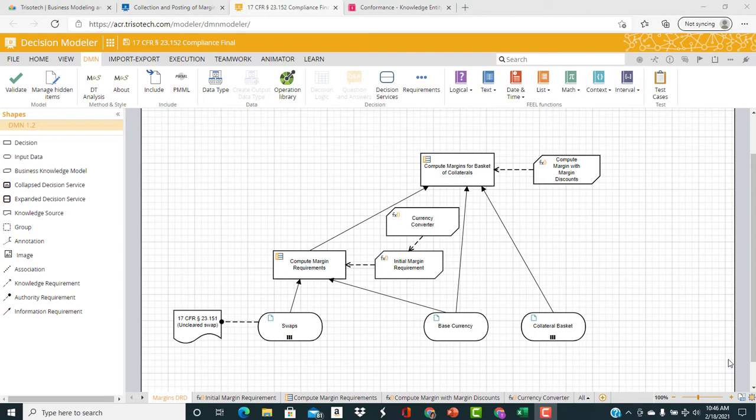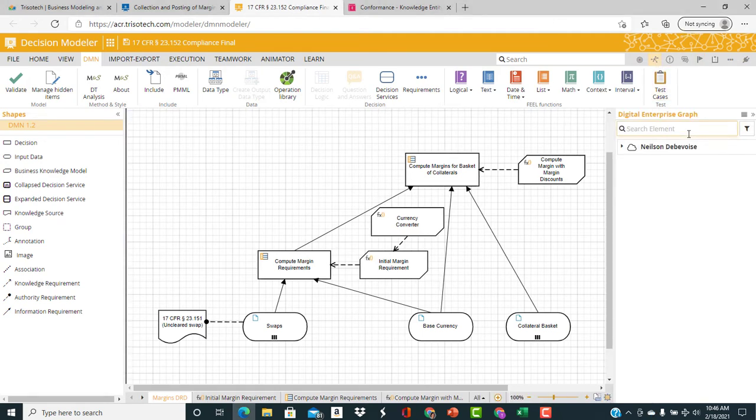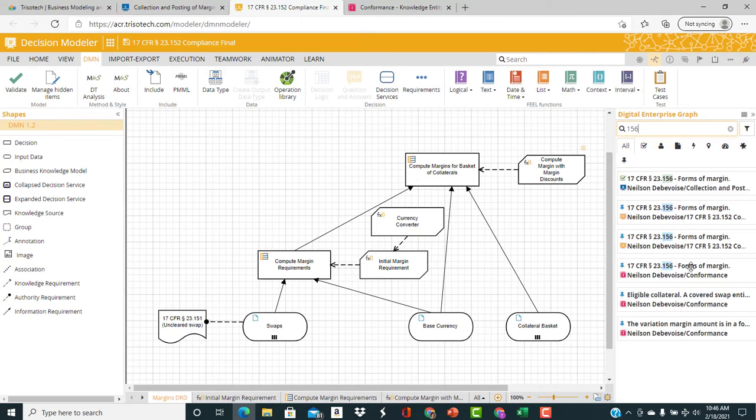Right now, let's incorporate a business rule as a knowledge source into this decision model that we've been working on. The way that I do that is to call up the digital enterprise graph and look up my business rule and drag it onto the canvas. That business rule becomes a knowledge source that I can now connect to the logic that implements that source.